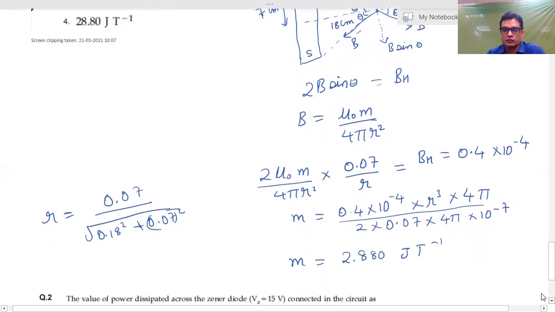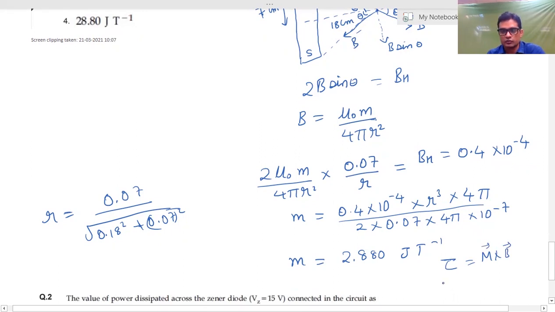Here we can find the unit of magnetic moment like this. The torque is equal to M cross B, and this tau is in Newton meter. Newton meter is equal to magnetic moment times magnetic field, which is in Tesla.